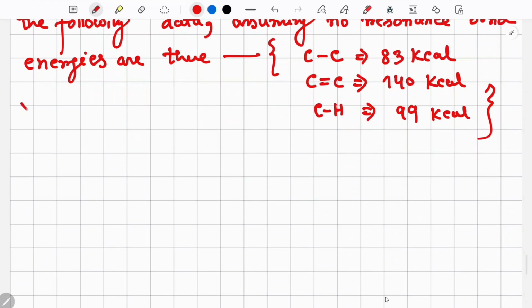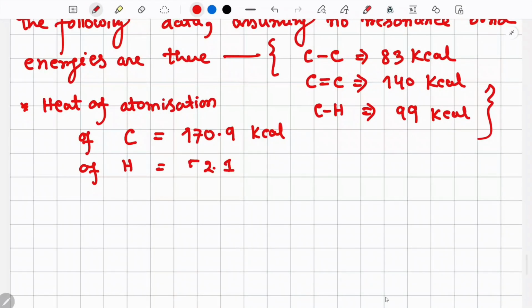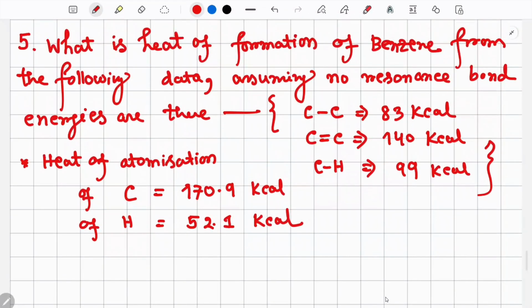This is given and also given heat of atomization of carbon is 55.1. These data are given.